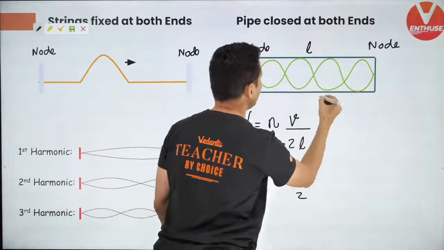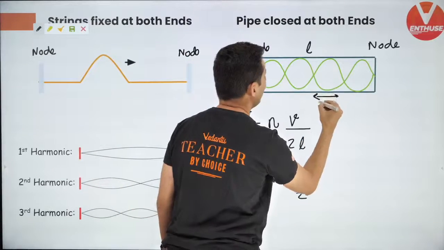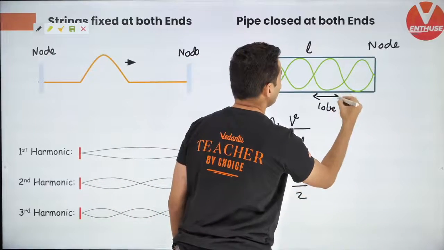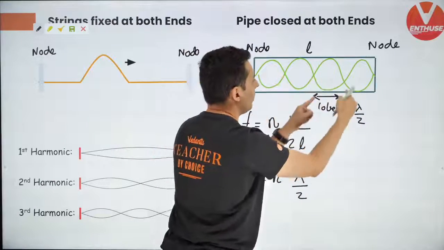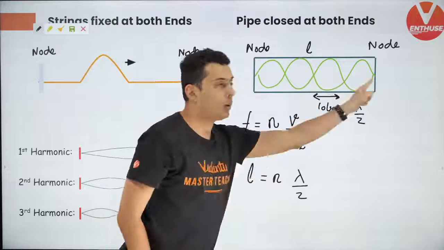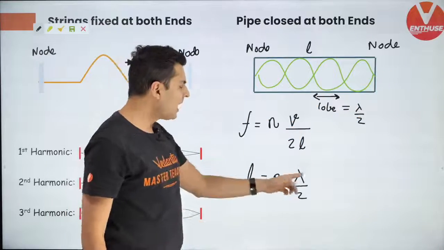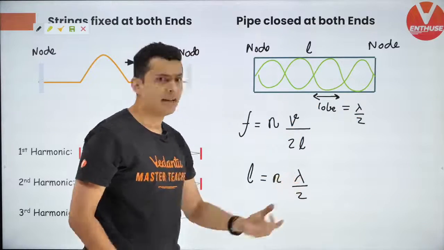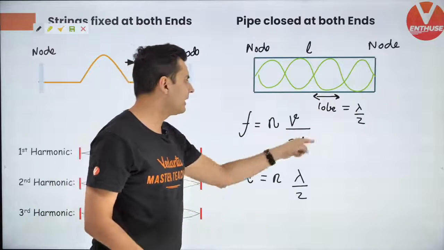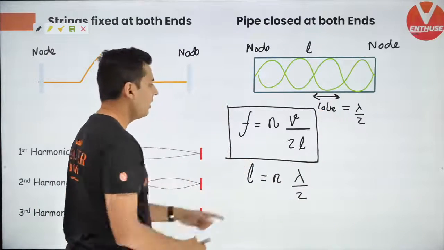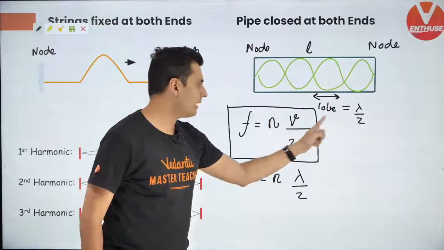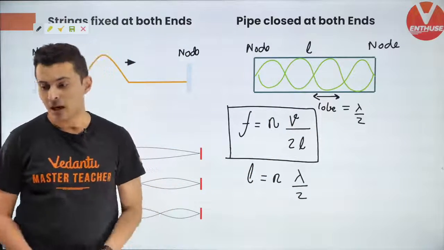Why is it lambda by 2? Because the length of each lobe is exactly lambda by 2. So n times lambda by 2 is the total length of it. And just rearranging it further, since lambda is v by f, you will get this answer. So keep this in mind. This is a very important formula. n is any positive integral value. I hope this is clear.